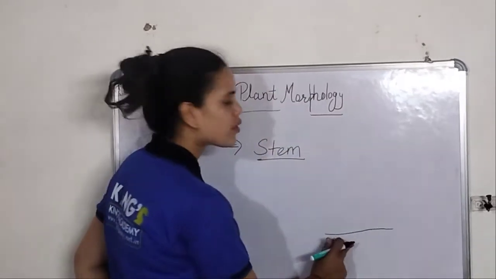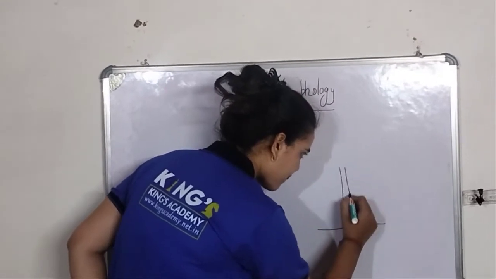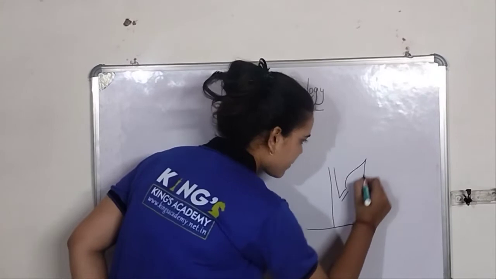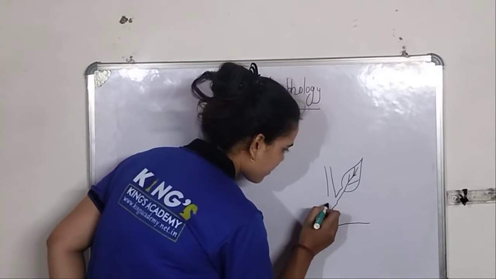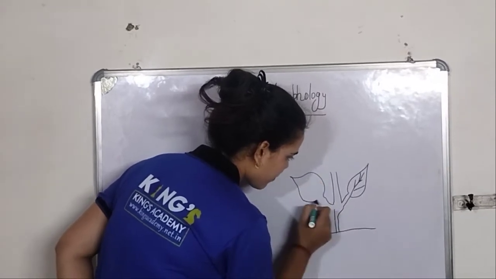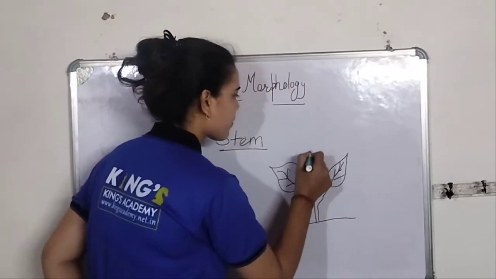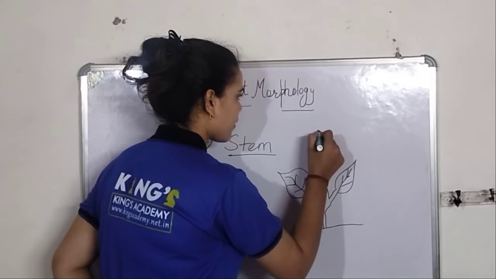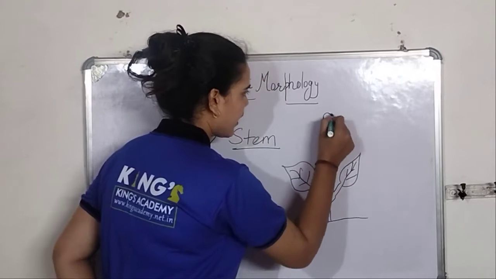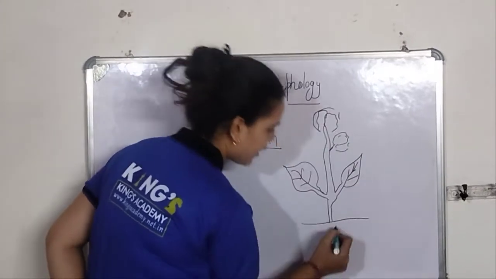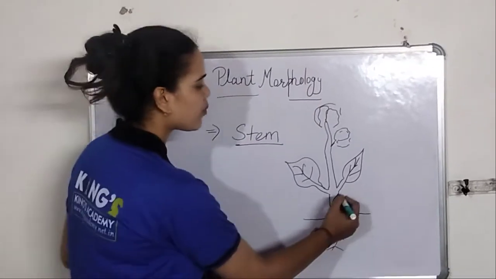This is the surface of soil, and there are trees like this, right? This portion is known as roots and this portion is known as stem.